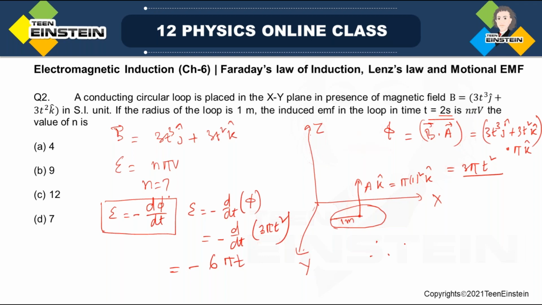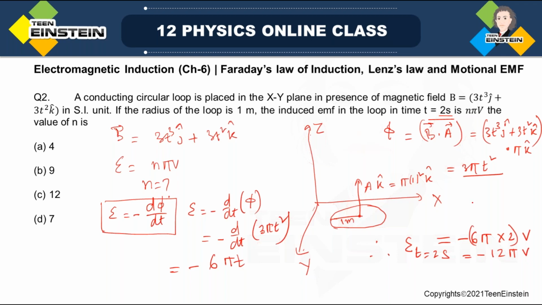Therefore, induced EMF at t equal to 2 seconds is minus 6 pi into 2, in volt. There it is given n pi volt. So here we get minus 12 pi volt.